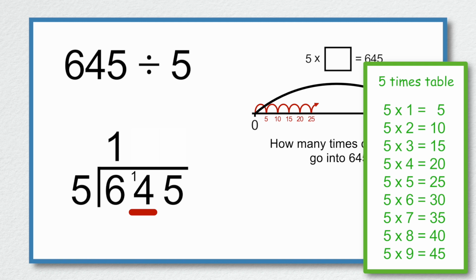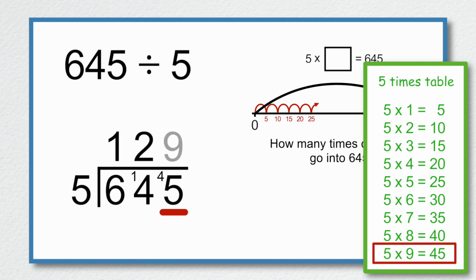Well, 5 goes into 14 2 times because 5 2s are 10. And there is a remainder of 4. So we write the 2 on the top line above the 4, and we write our remainder of 4 next to the 5. We now do 45 divided by 5, which of course is equal to 9. So the answer is 129.